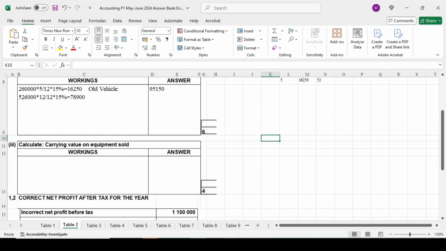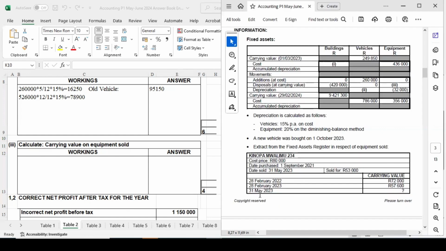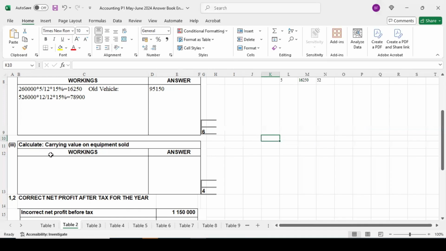So we have to first calculate the depreciation of this vehicle before we can calculate the disposal, because we are going to use the depreciation to calculate the disposals. So we're going to say 57,600 rands.